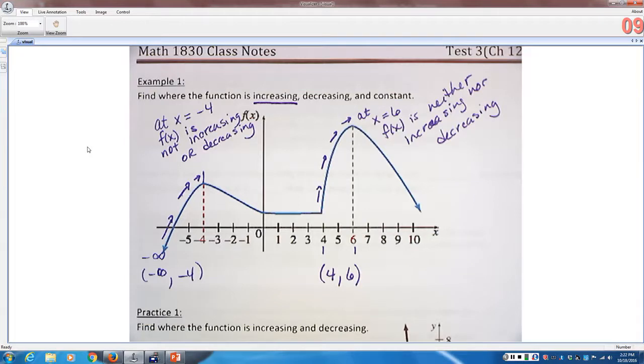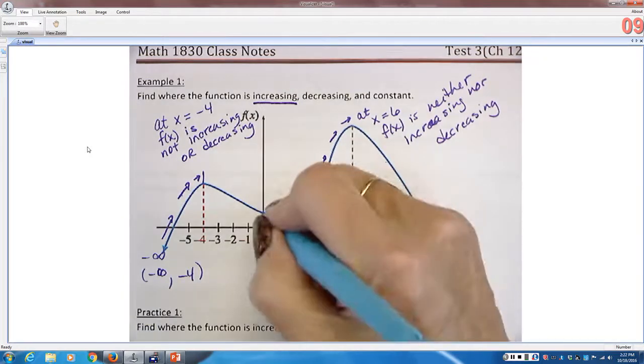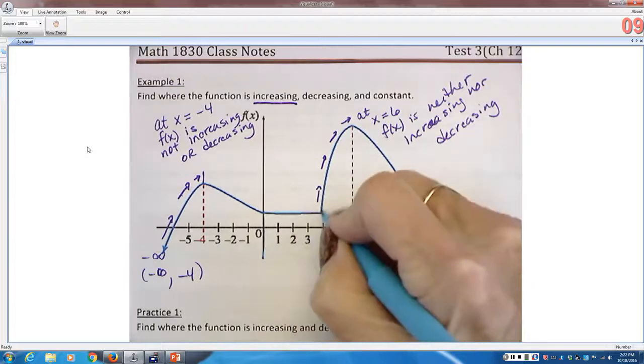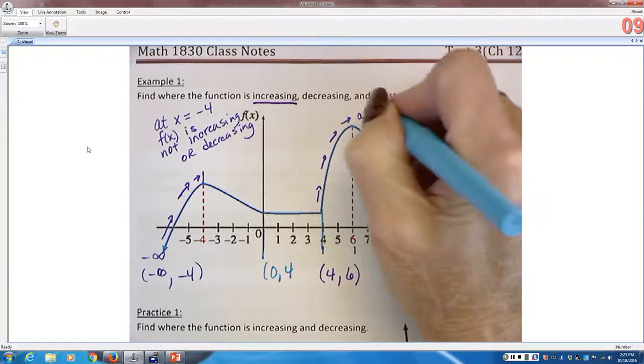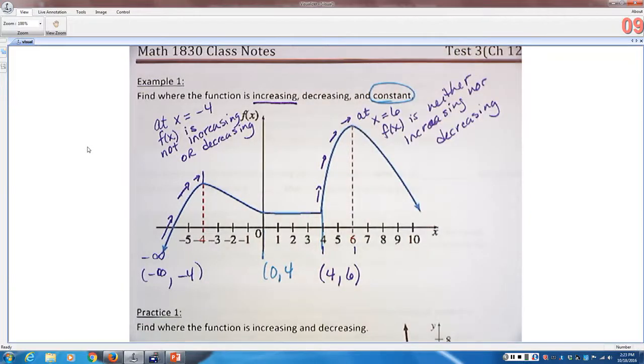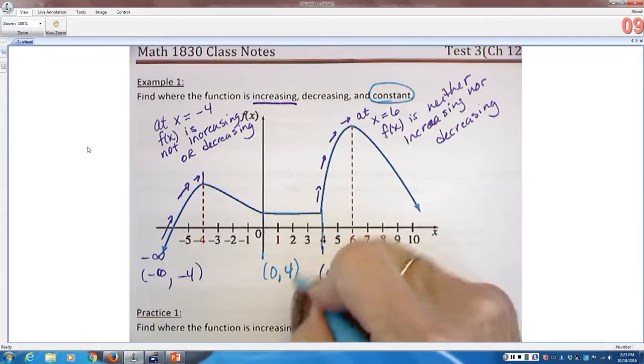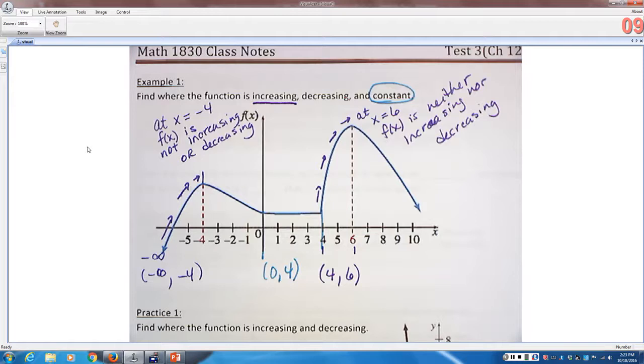Is the function ever constant? Yes. Where is it constant? From 0 to 4. It's constant, meaning its slope is, what's the slope of every part of that segment?